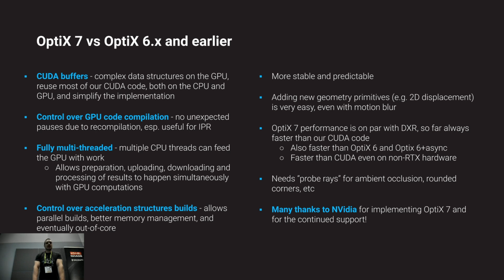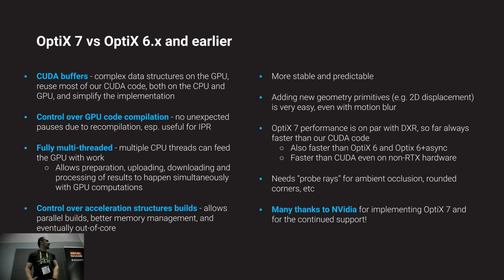We try to keep the GPU busy all the time. So with the previous versions of Optix, this was not really optimal, but Optix 7 allows us to do the same thing that we do for CUDA and keep the GPU at full load while V-Ray is rendering. So this gives us a nice performance improvement.